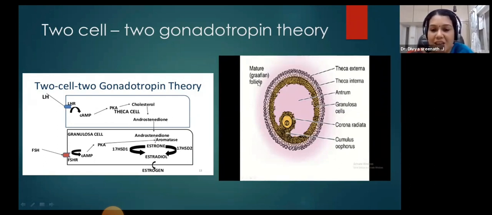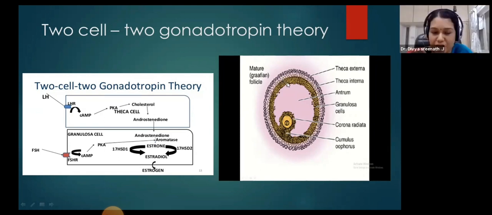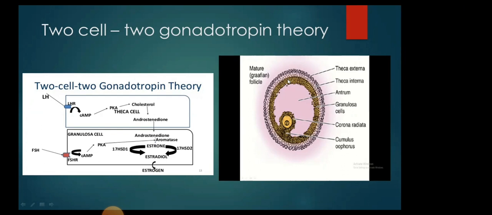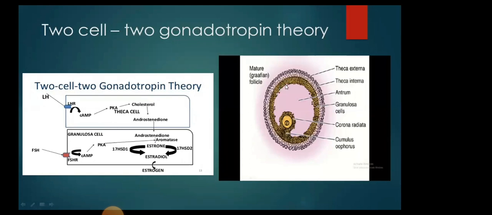Androstenedione is formed, and this androstenedione is transferred to the granulosa cells, and in the granulosa cells, under the influence of the FSH hormone, estradiol is produced.